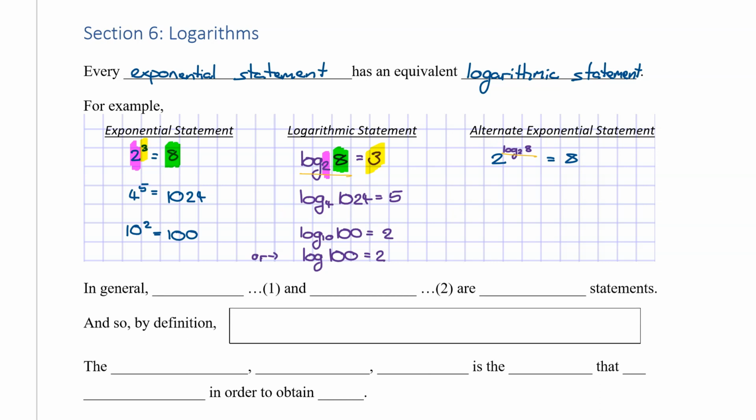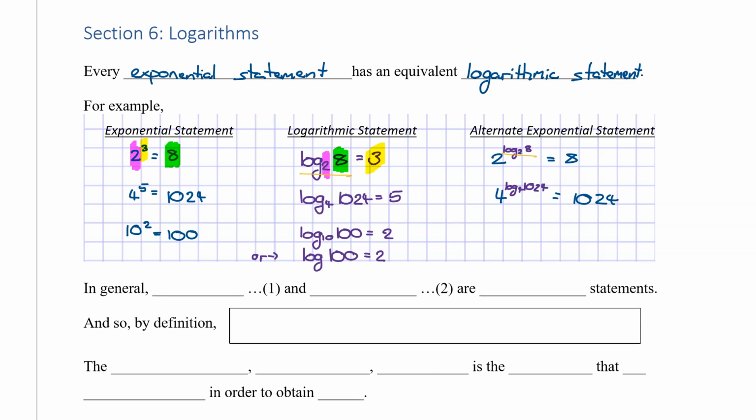Doing the same to the ones below, we can say 4 to the power of something equals 1024, and the power in this instance is going to be log base 4 of 1024, because that's going to equal 5.